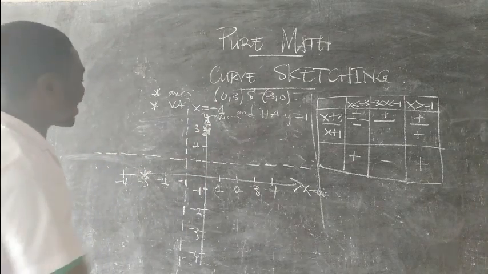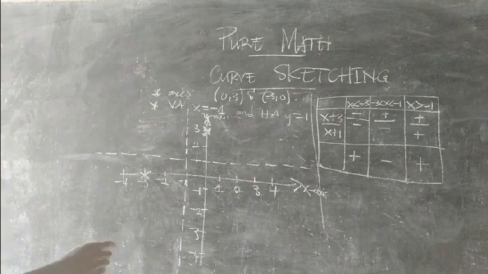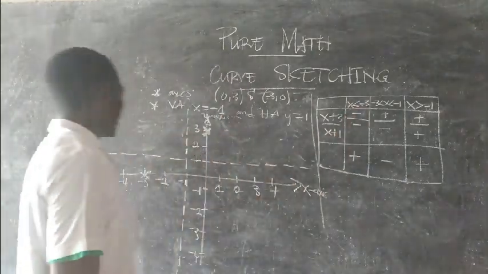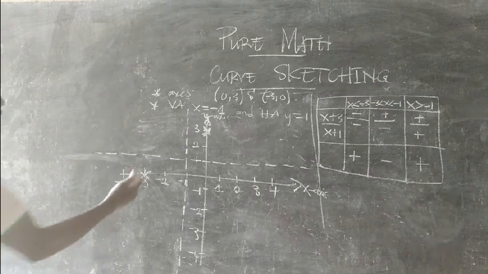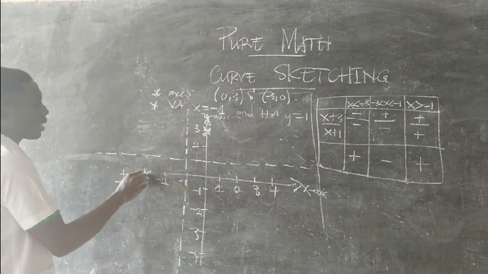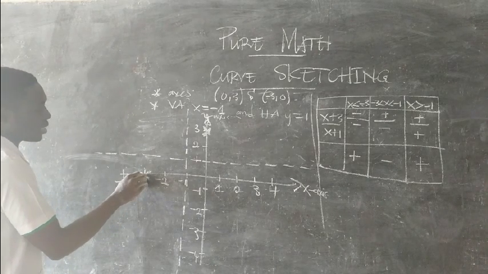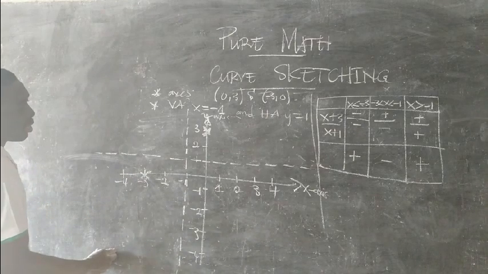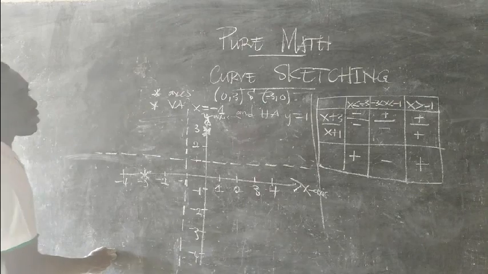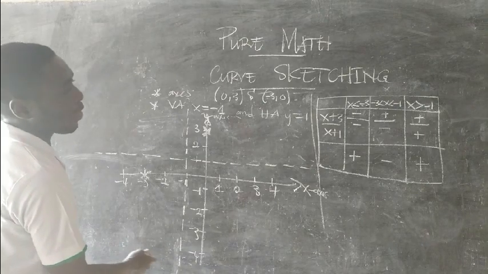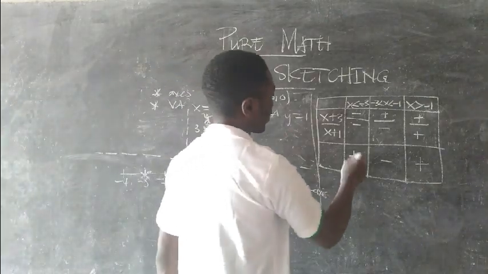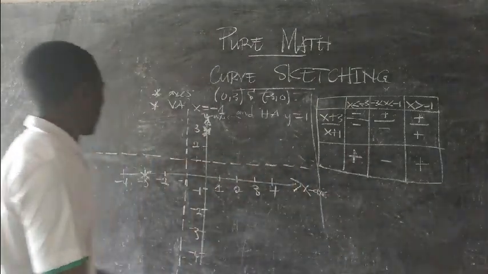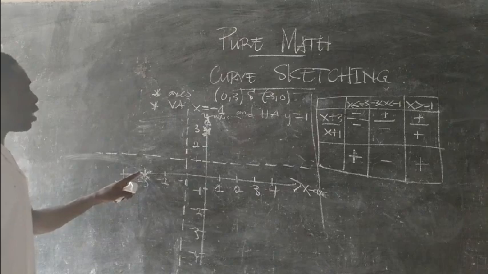Now, we said for x less than negative 3, the graph exists in the negative region, so it means that the graph will surely be existing in this part. And for x in between, the graph exists in the positive region.